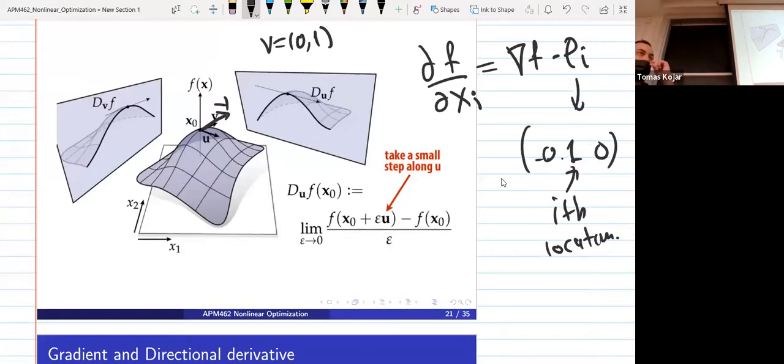Does that make sense? Shall I prove it? That's because the gradient of f is equal to the partial derivatives, so when you dot with the ith standard vector, you extract the ith partial derivative. I just want you to be able to move between directional derivative, gradient, and partial derivatives. They're all different, but they're related.